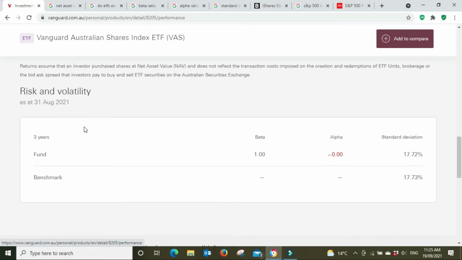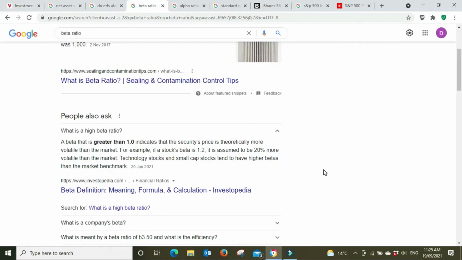Risk and volatility. Now, beta of 1. A beta that is greater than 1 indicates that the security's price is theoretically more volatile than the market. For example, if a stock's beta is 1.2, it is assumed to be 20% more volatile than the market.